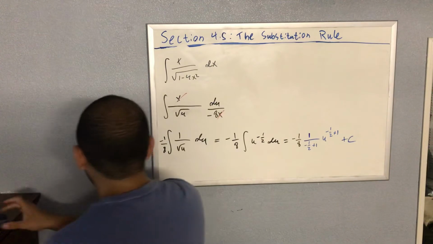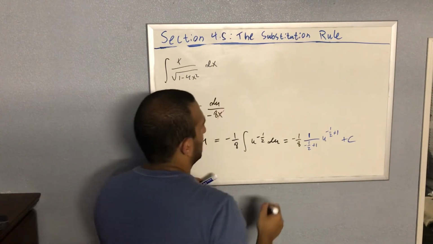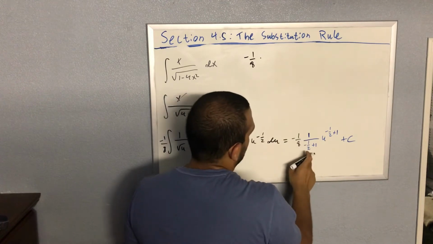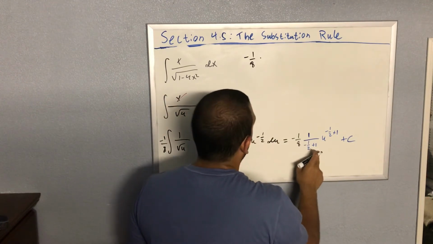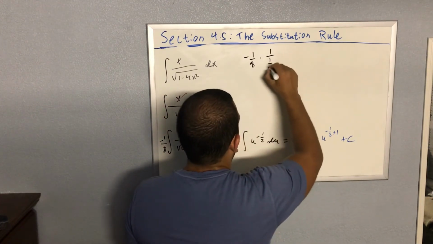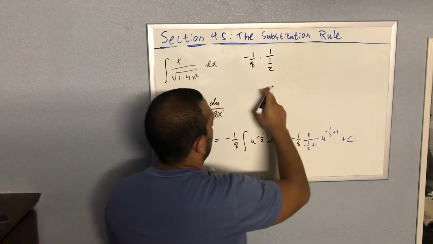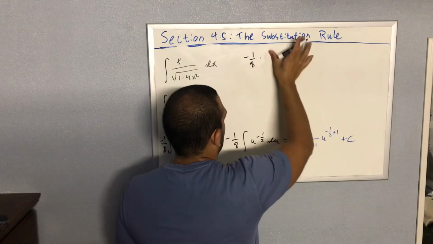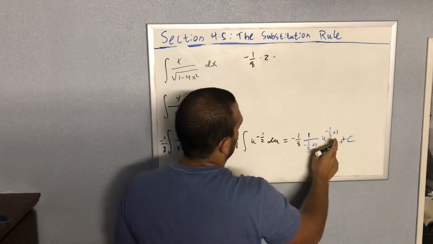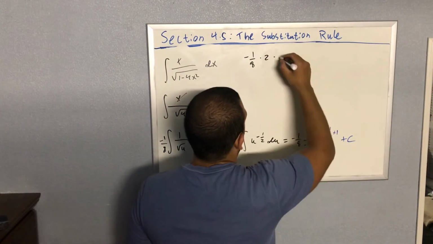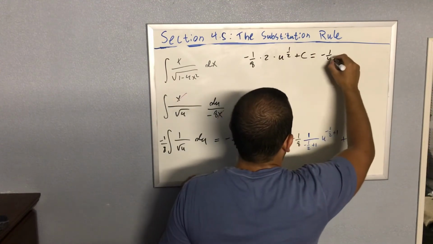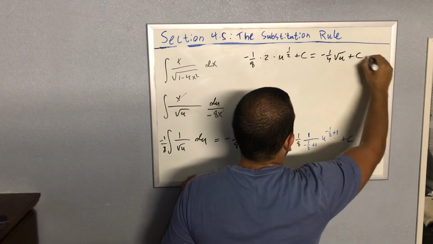So let's go up here. Negative 1/8 times, okay, negative 1/2 plus 1 is positive 1/2. So what's 1 divided by 1/2? Well, you just flip the fraction, so that's 2. So that's 2 times u to the 1/2 plus c, which is negative 1/4 square root of u plus c.